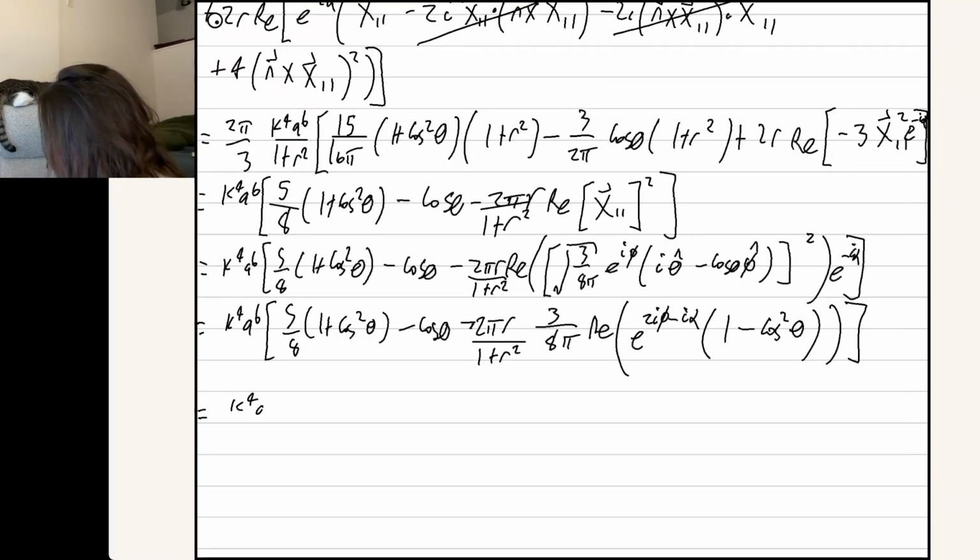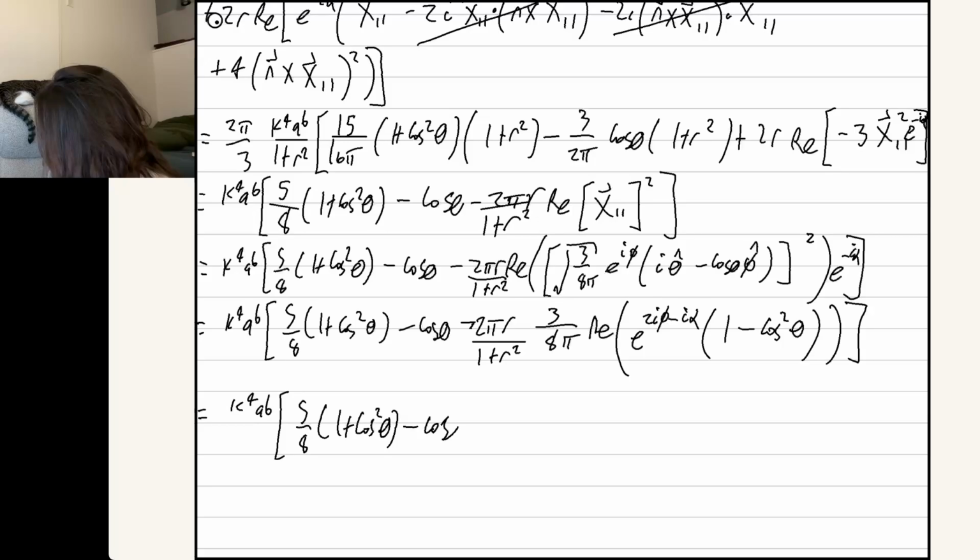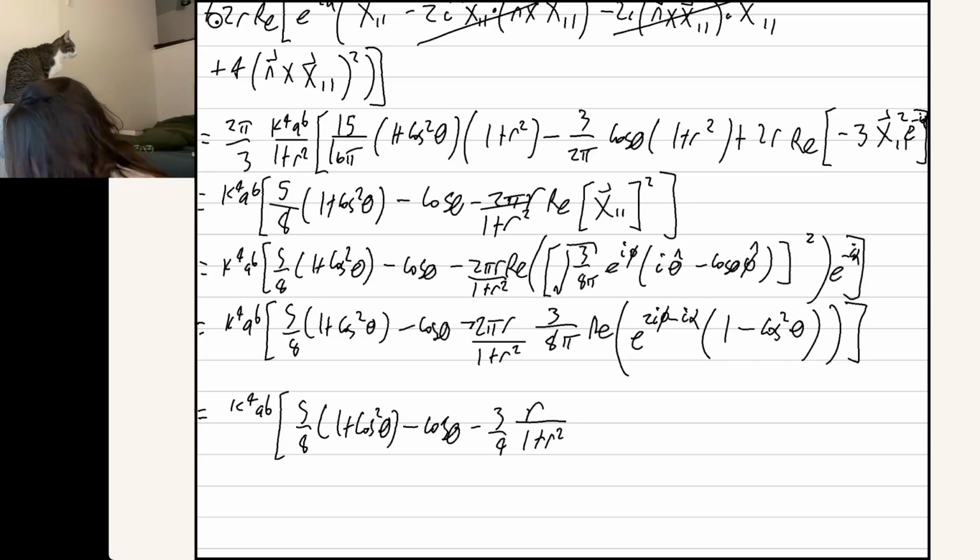Then all in all, we have 1 plus cosine squared theta minus cos theta. That pi cancels out there. You just get 3/4. So minus 3/4 r over 1 plus r squared.